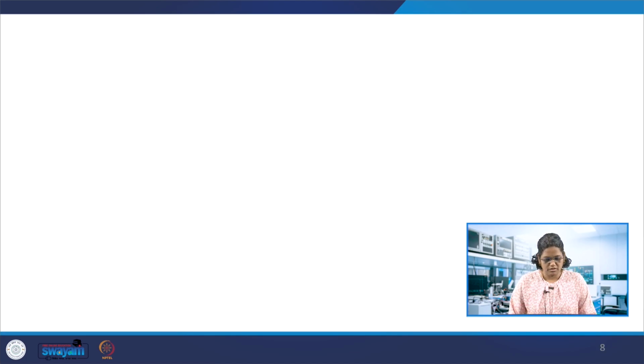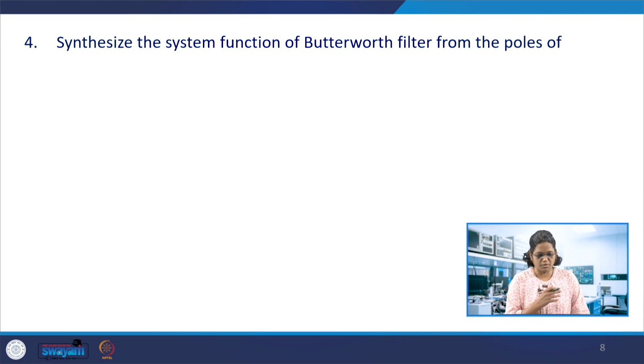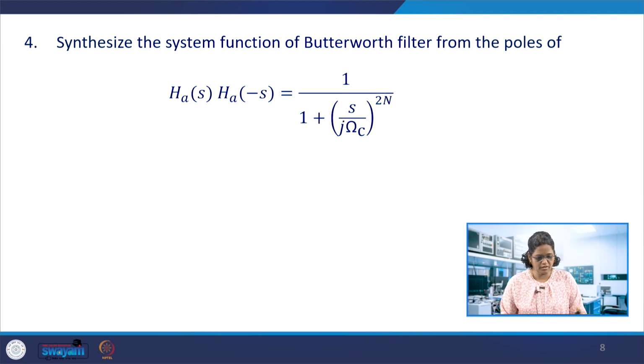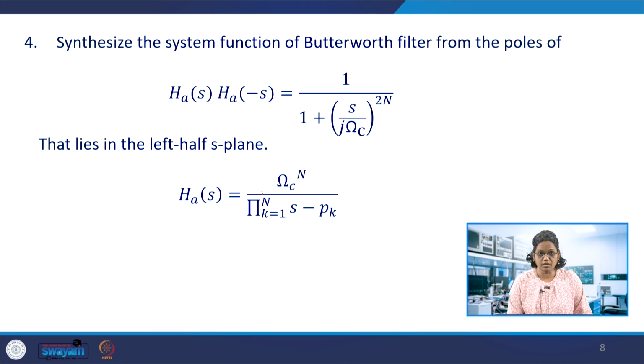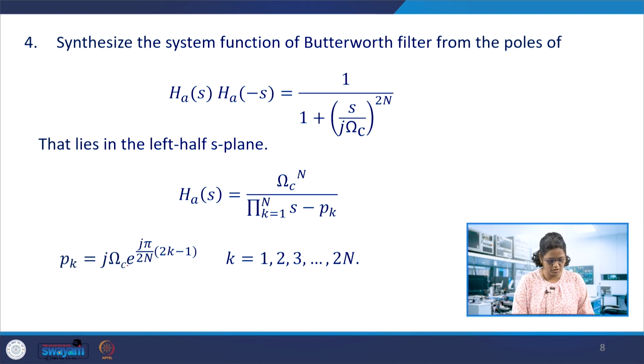Once omega c is fixed, the expressions H_a(s) and H_a(-s) can be obtained, 1 by (s plus j omega c) to the n. From H_a(s) alone we can get the poles, so that the right half S plane poles will be the mirror image. Here H_a(s) is the product over k varying from 1 to n of 1 by (s minus p_k). So from this, the pole locations that we had calculated can be identified.